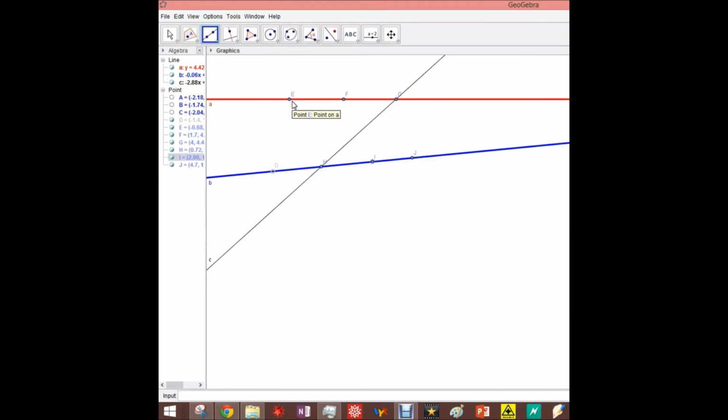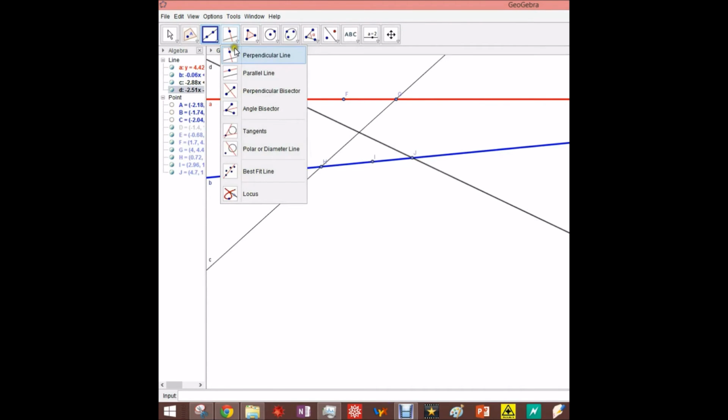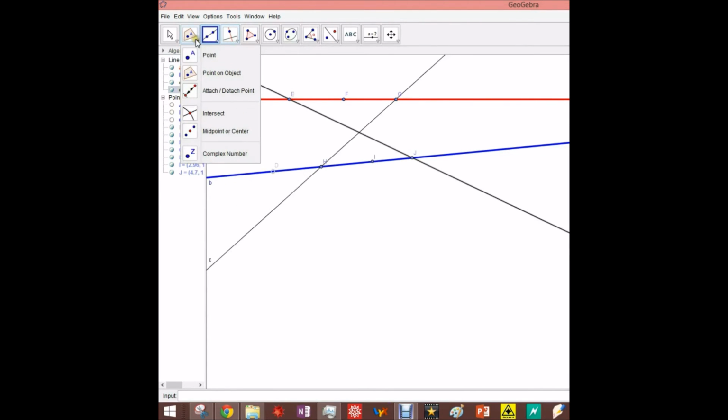So let's talk about how we're doing this here. We want to find a point which is associated with the middle. The way we're going to do that is to draw these diagonals from the extremities, and you see that those two cross at a particular point. So let's label that point.